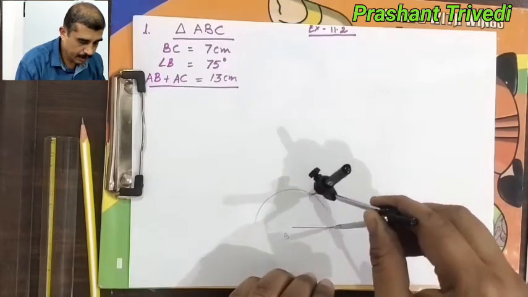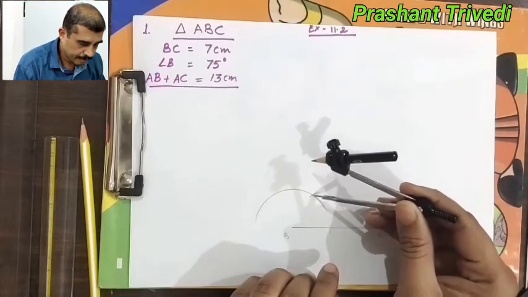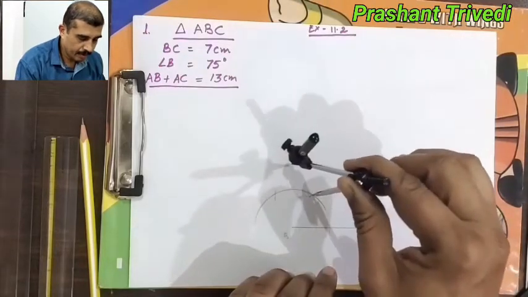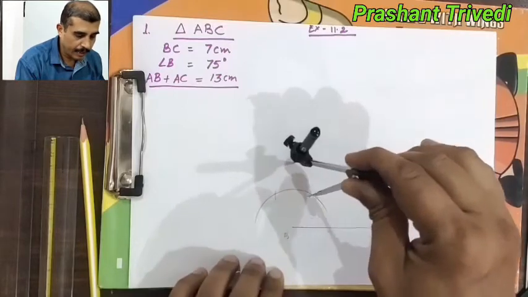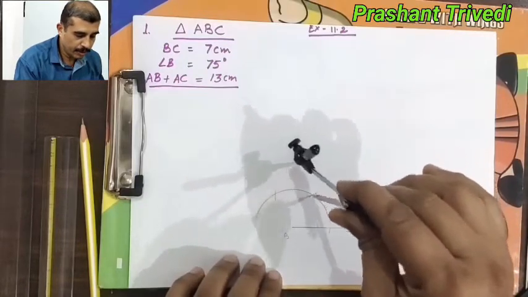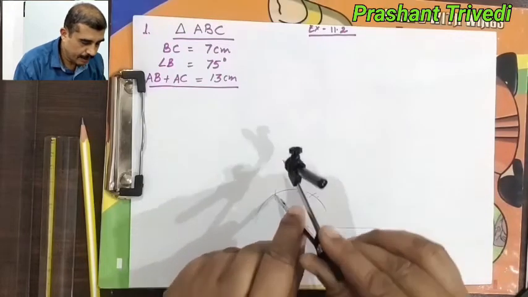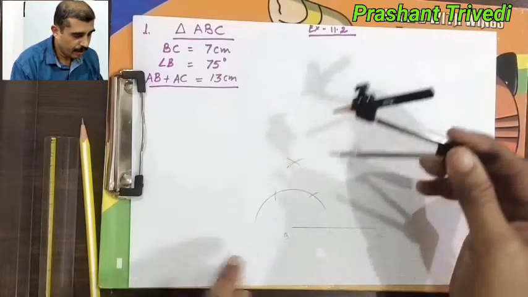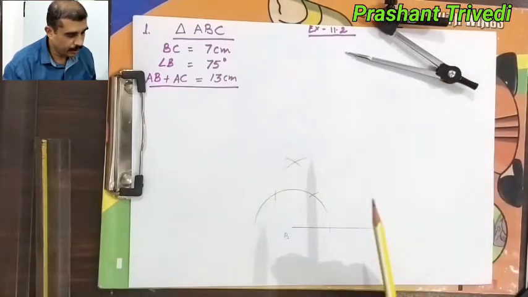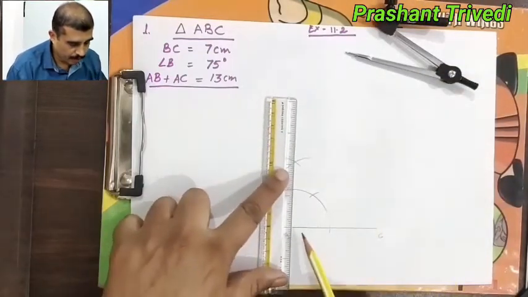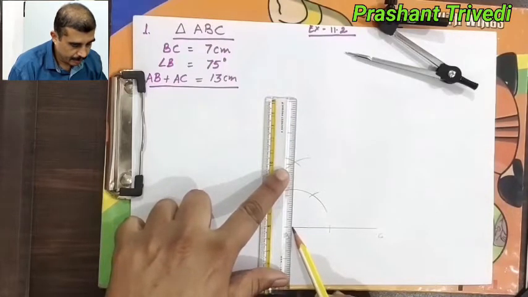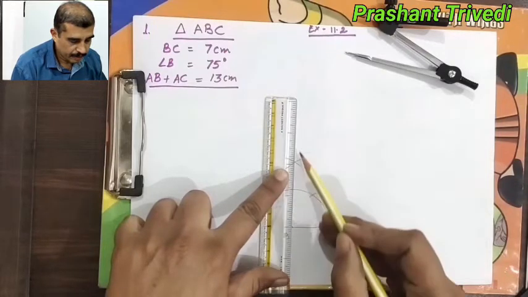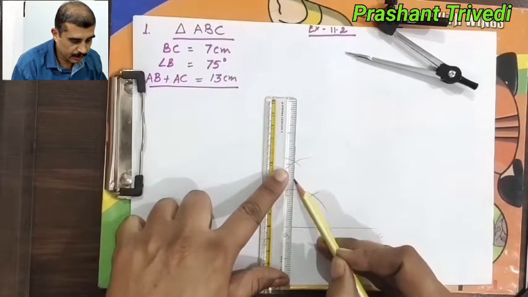First arc, 60 degree, second arc, 120, and at the top for 90 degree, cutting. So join the point of intersection from B, this will be 90 degree. We only require the point of intersection on this arc, so we make it as a dotted line.